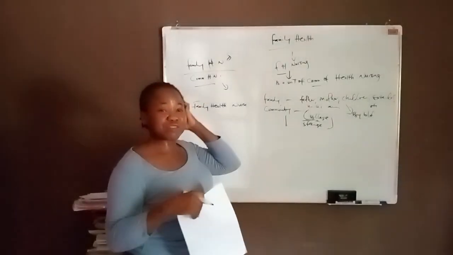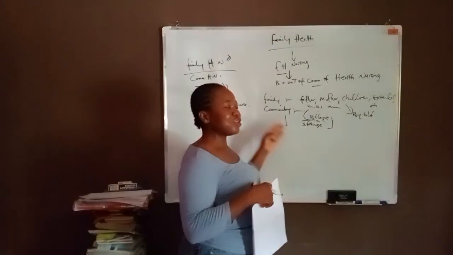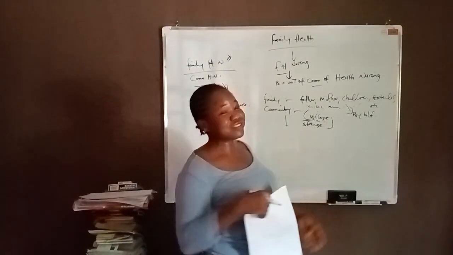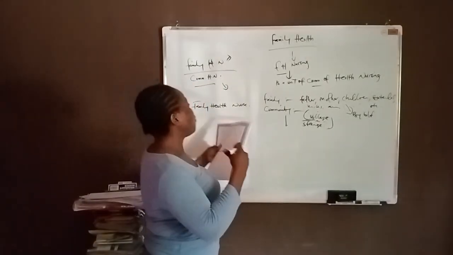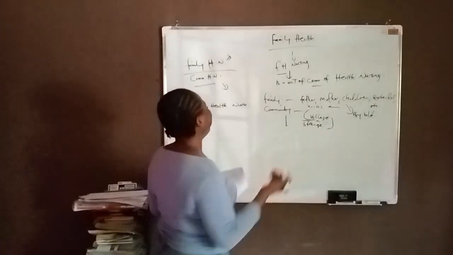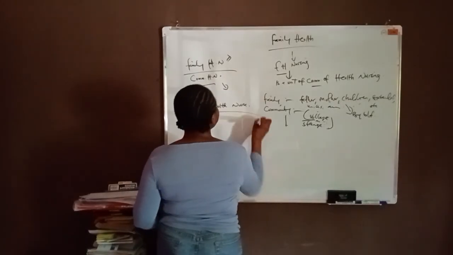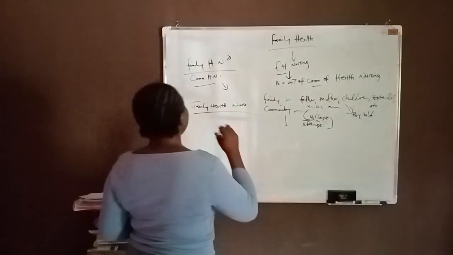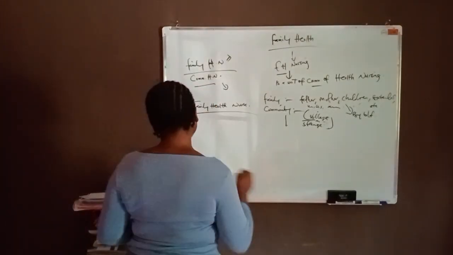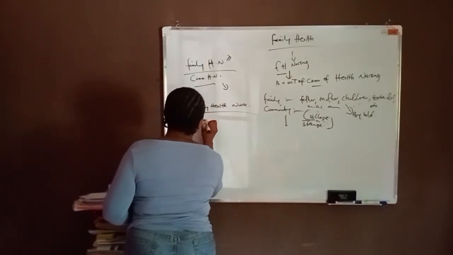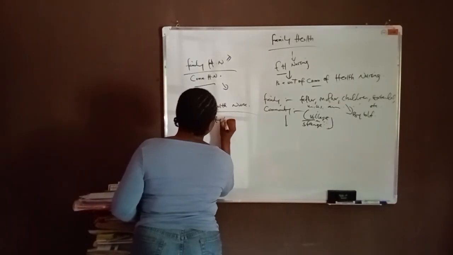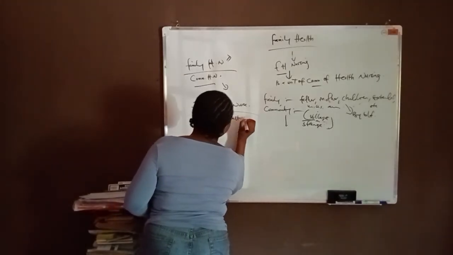It's just like in our nursing profession, nursing is a body, an organization that trains a nurse. So with family health nursing, you have a family health nurse. With community health nursing, you have a community health nurse. Is that right?